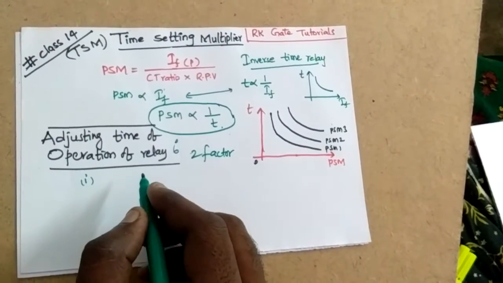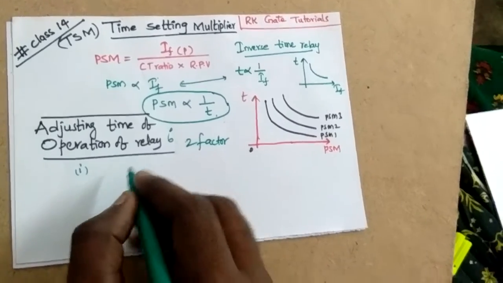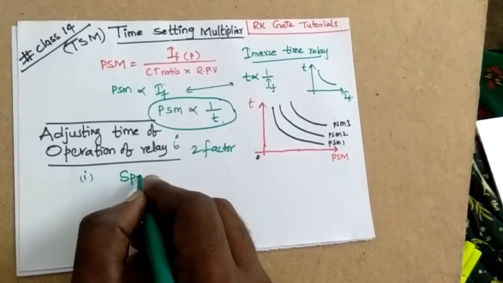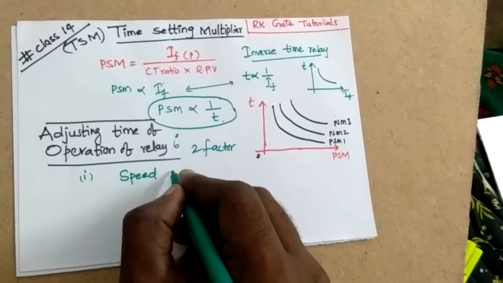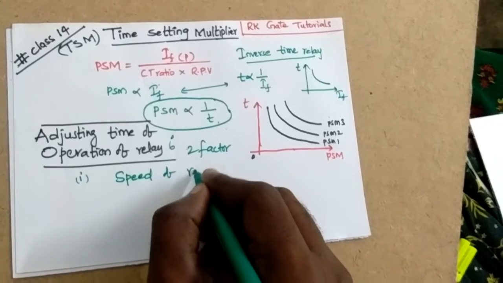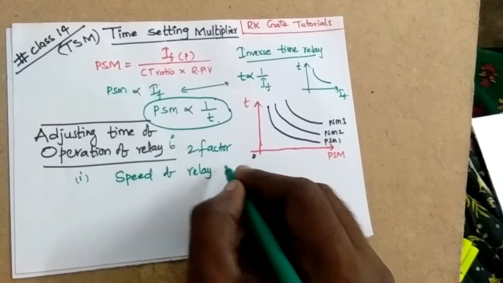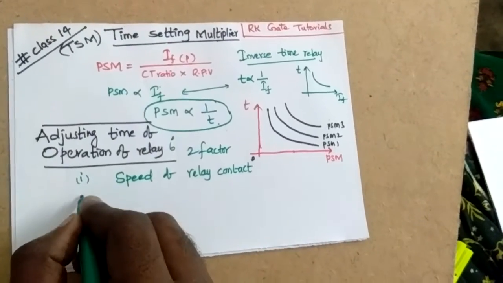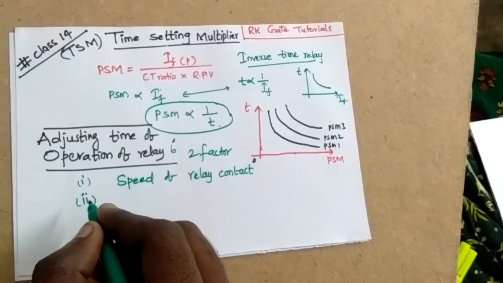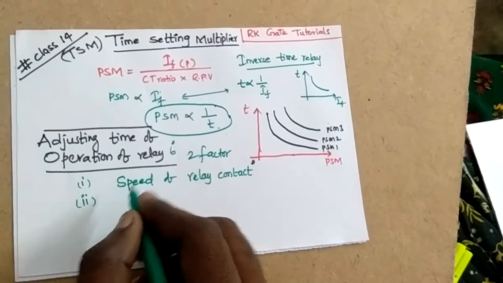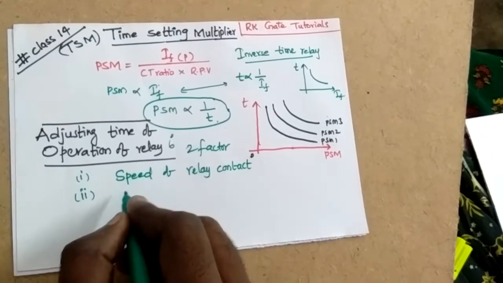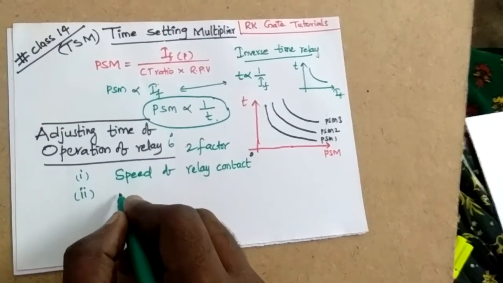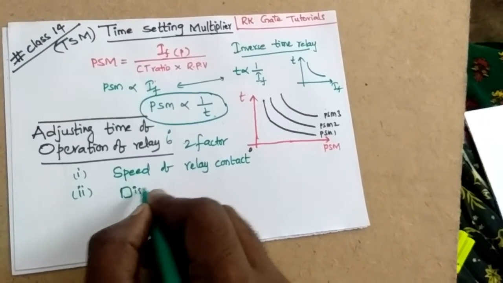One is the speed of the relay contact, the speed at which the relay contact is moving. And the second one is how much distance the relay contact has to move. So this is the speed, and the next one is the distance.